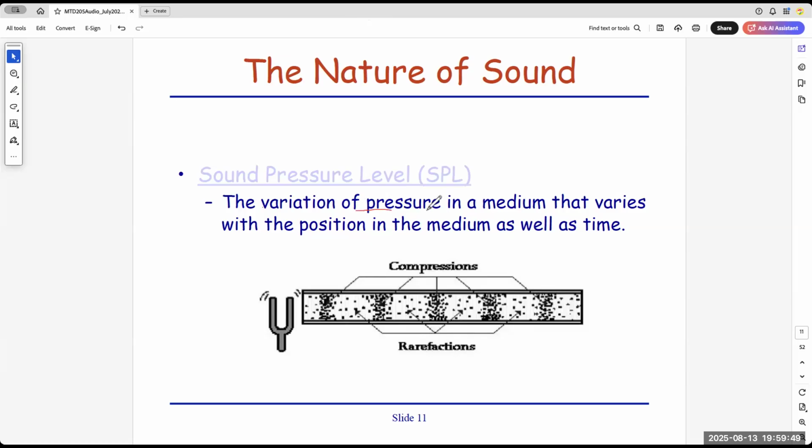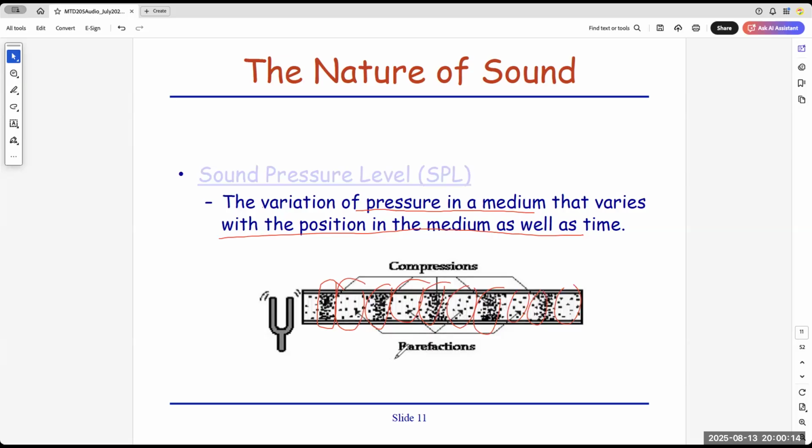The variation of the pressure in the medium, which varies with the position in the medium, is related to the sound pressure level. So you can see there's a series of air being compressed, then relaxed, compress, relax, compress, relax, compress, relax until it reaches the end, where you can feel the vibration.